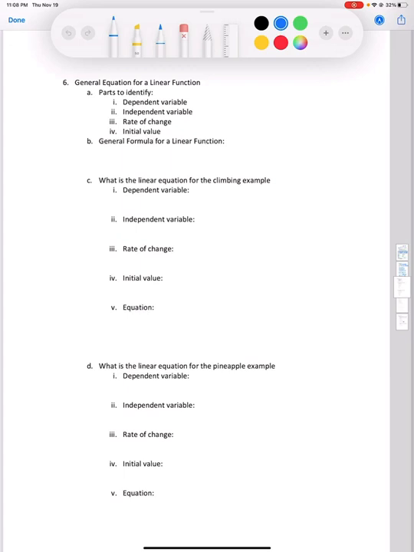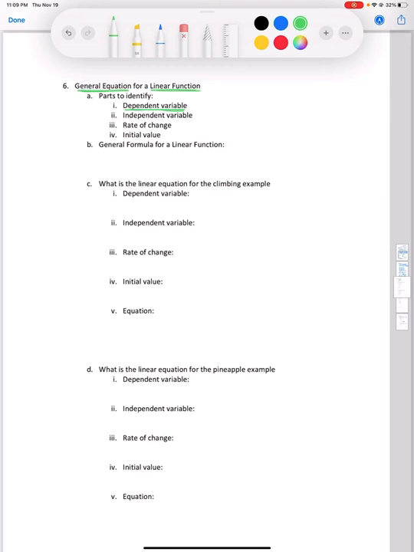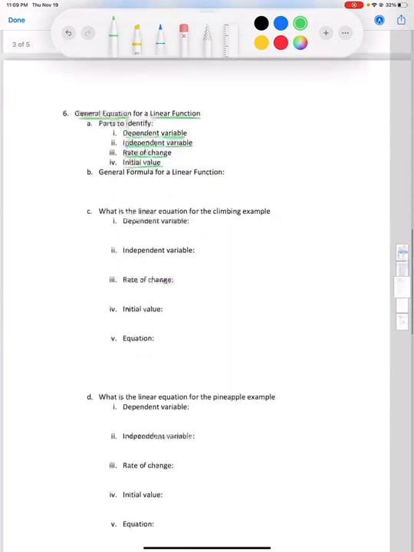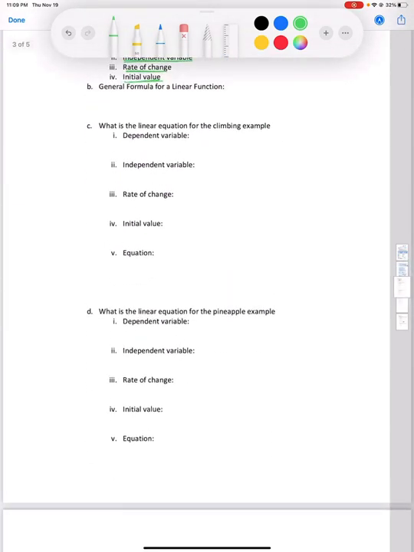Now we're going to move on to the general equation for a linear function. So we need our equation. The parts that you need of a linear function are the dependent variable, the independent variable, the rate of change, and an initial value. So let's take a look at the general formula. Again, we're going to use words on this part.